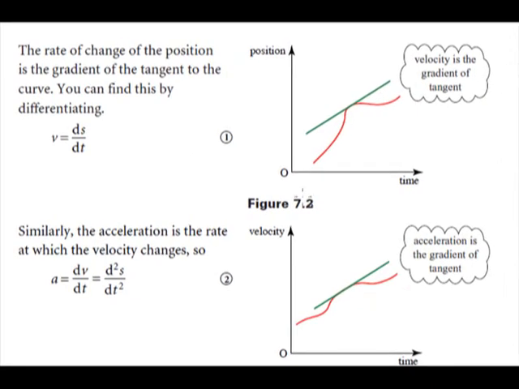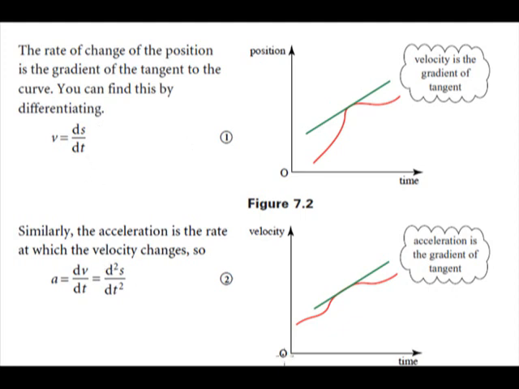In physics, it's very useful. I'll just use the example of physics. The velocity is obtained from this function right there. The velocity is the rate of change of displacement with time. So if you differentiate the function of s with respect to time, you obtain the velocity.